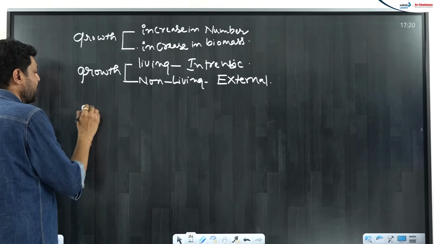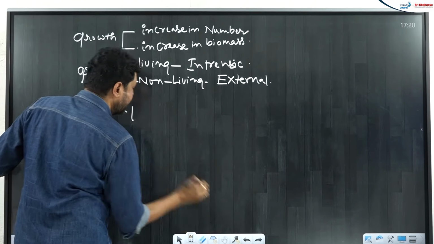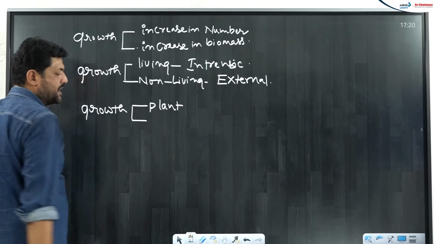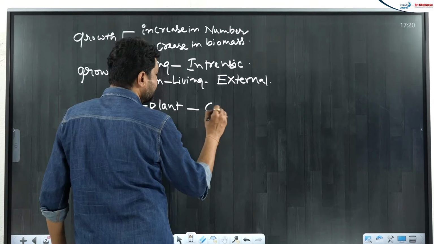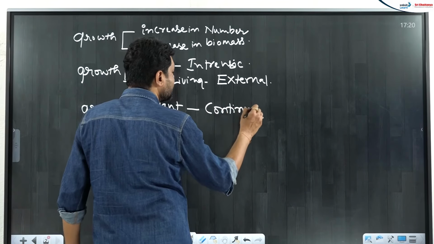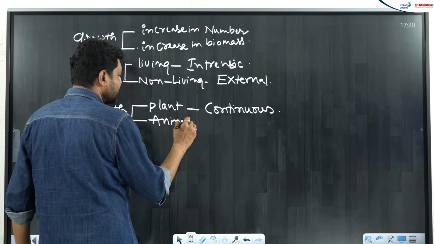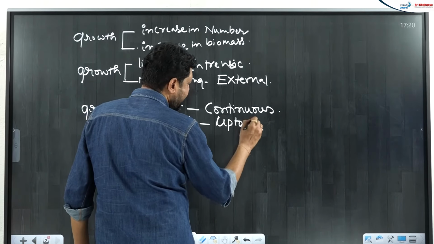If I talk about growth in plants, as plants have meristems and the root apex and shoot apex, it is continuous. And growth in animals is up to a certain age.